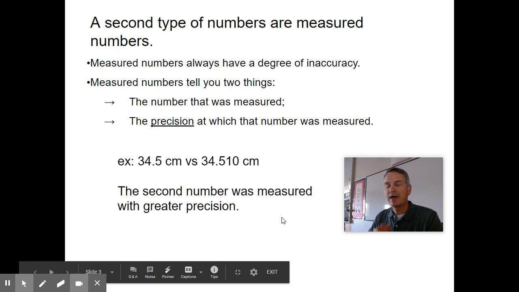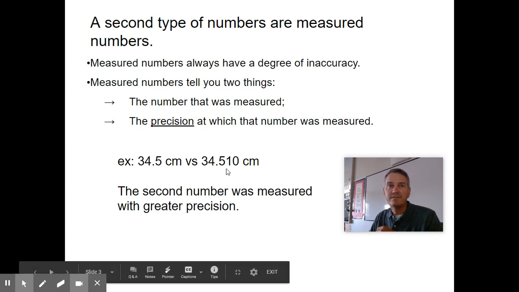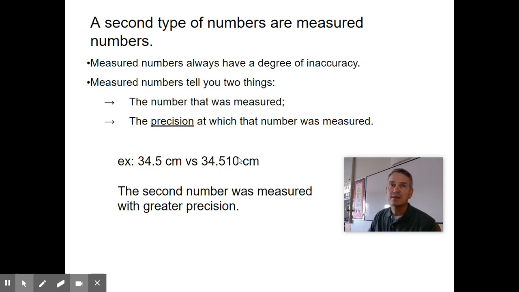So for example, I could measure the same object with two different rulers, and I need to show that. So with one ruler, I would measure it as 34.5 centimeters, but with another one, it would be 34.510 centimeters. And they are the same object, but clearly, this one was measured with the ruler that, for one reason or another, gives us a greater degree of precision.